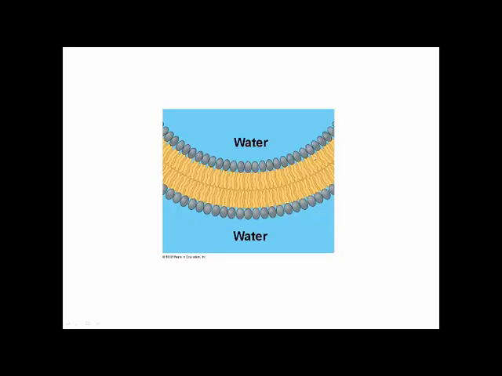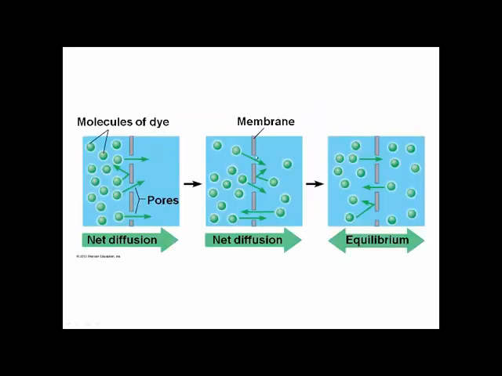Remember that we have a phospholipid bilayer separating the interior of the cell from the exterior of the cell, or the intracellular environment from the extracellular environment. Imagine that membrane, and on one side of the membrane there's a substance in a higher concentration. As long as that membrane is permeable to the substance that's in higher concentration on one side of the membrane, then molecules of that substance will travel from where it's in greater concentration to where it's in lesser concentration.